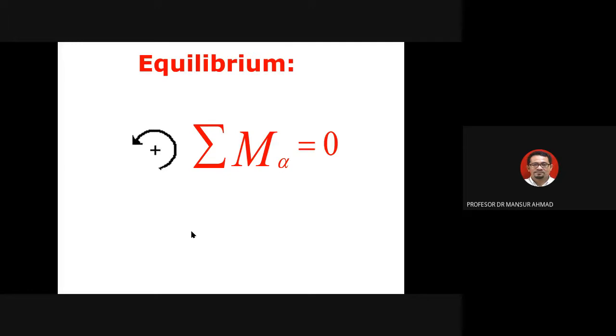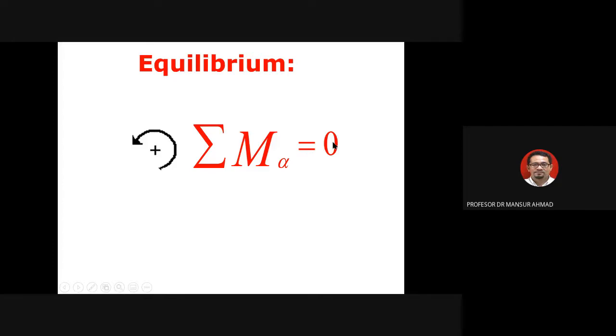Okay, so how do you read this equation? This is how you read it. The summation of moment, yeah, this sigma, summation of moment at any point, must be equal to 0. Again, summation of moment at any point, let's say this alpha, must be equal to 0.